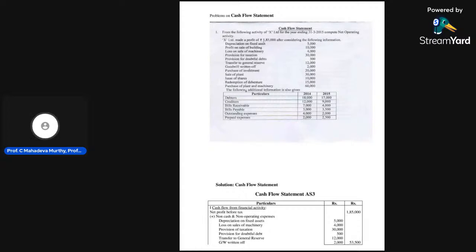That is the net profit before tax, 1,85,000. As per Accounting Standard 3, we use an outer column and an inner column.